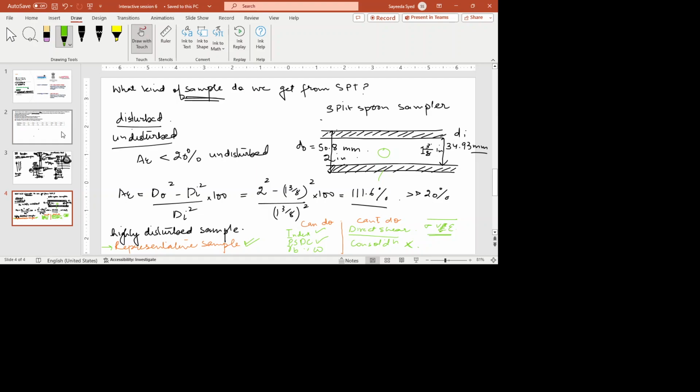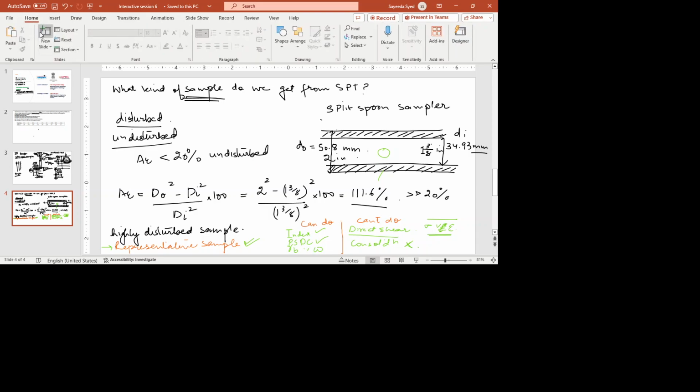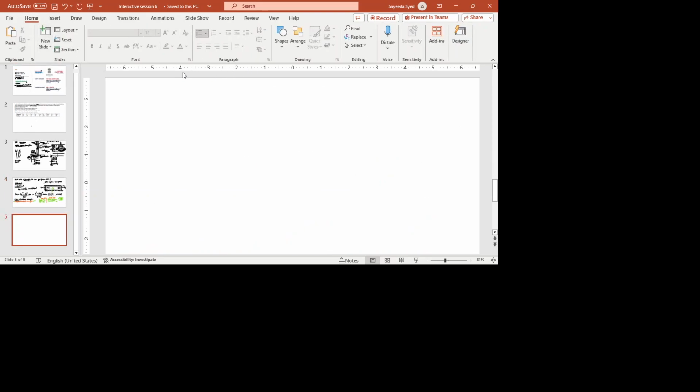The next thing that we want to talk about is, what we are trying to do is standardize the test. We have already talked about the hammer weight, the height of fall, and the depth of penetration.